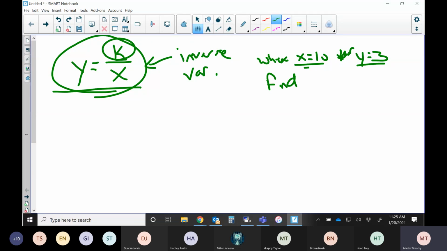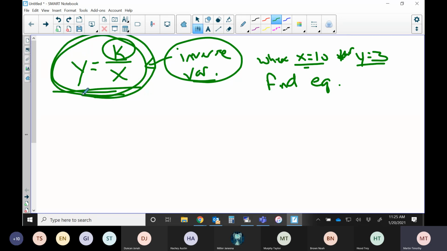Find the equation. So the first thing they say is, hey, x and y vary inversely, which keys me to this equation. So that's going to be the first thing I say in maybe the word problem. Then they're going to say when x is 10, then y is 3. I want you to give me the equation of that inverse variation.